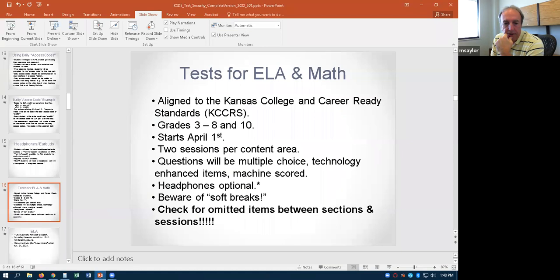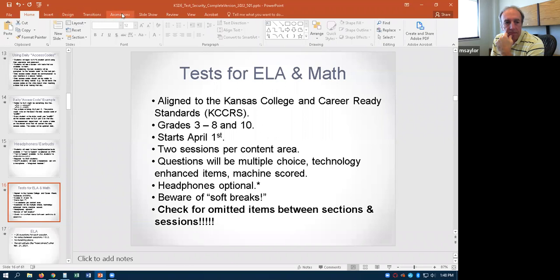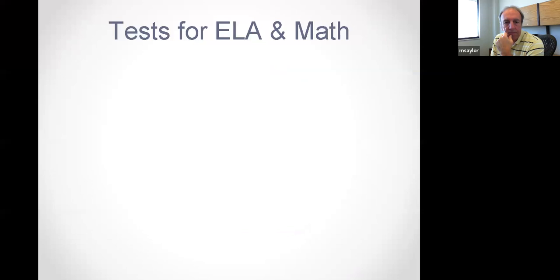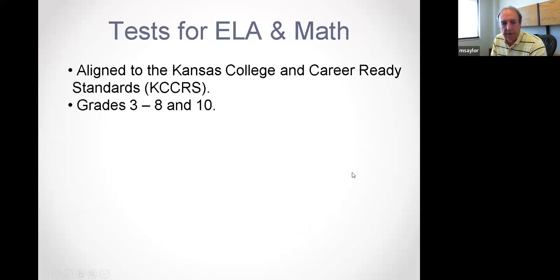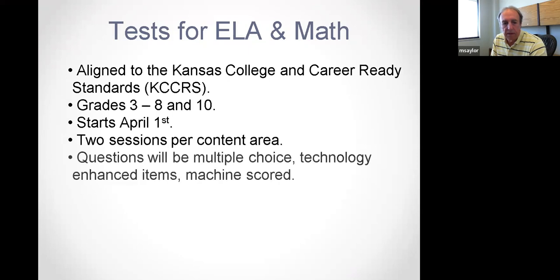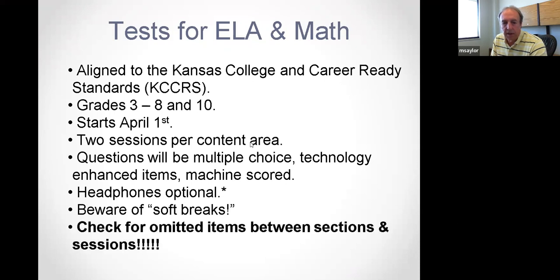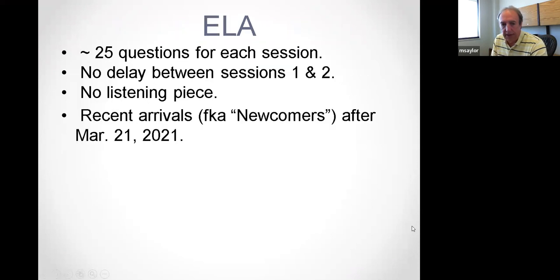So we will go back to the PowerPoint and pick up where we left off. For ELA, this is essentially the same as what we just went through for both tests, and we're checking for the omitted items.